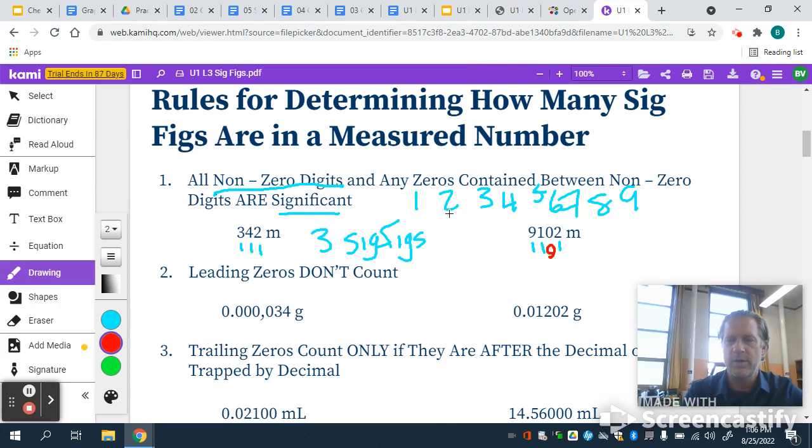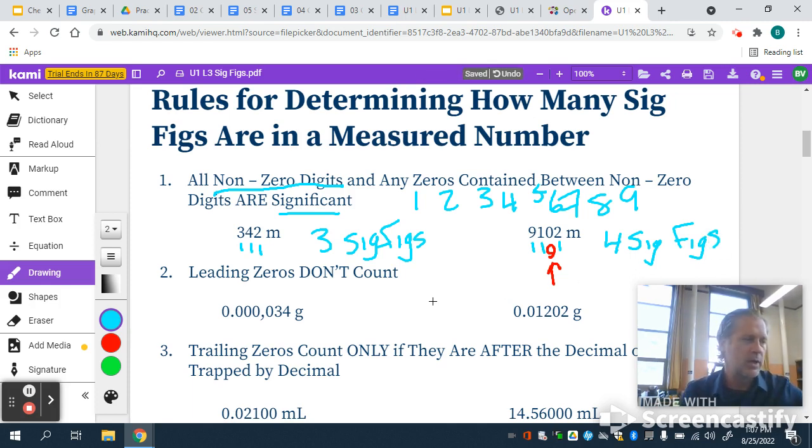So this 0 is significant as well because it's in between two non-zero digits, the 1 and the 2. When I go to record the number of significant figures this number has, I would say it has 4 sig figs.